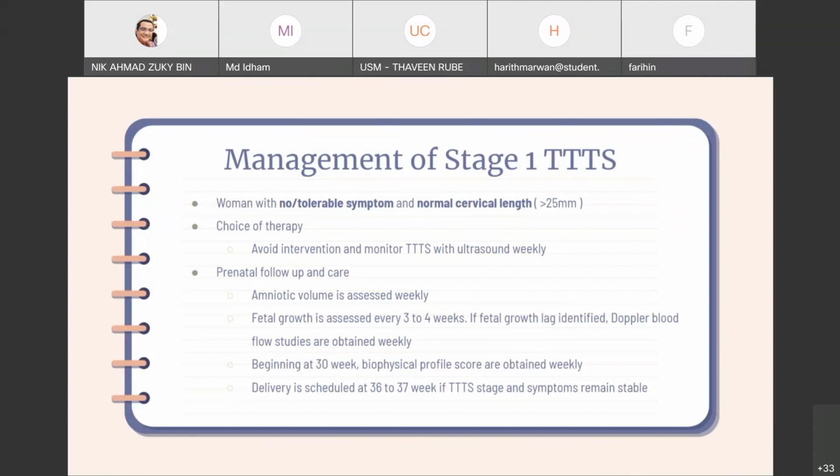If fetal growth lag is identified, Doppler blood flow studies are obtained weekly. Beginning at 30 weeks, a biophysical score is performed weekly. Delivery is normally scheduled at 36 to 37 weeks if the twin-to-twin transfusion syndrome stage and symptoms remain stable.